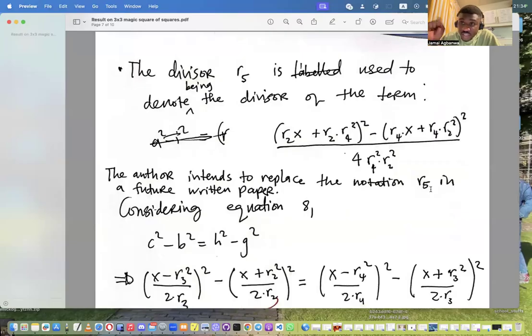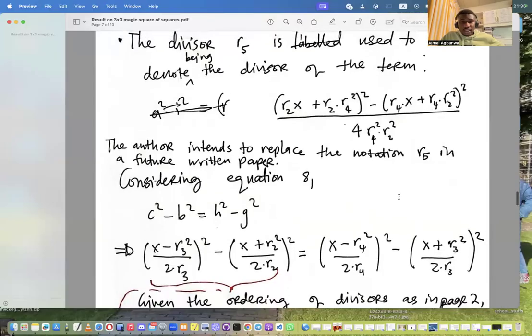So maybe in a print version, I'll not use R subscript 5, because to use R subscript 5, I'll be therefore implying that it's a divisor of X, which is not accurate. Then what we mean here is that it's supposed to be a divisor of this, and whatever this number is, it should have possibly different divisors than X in itself.